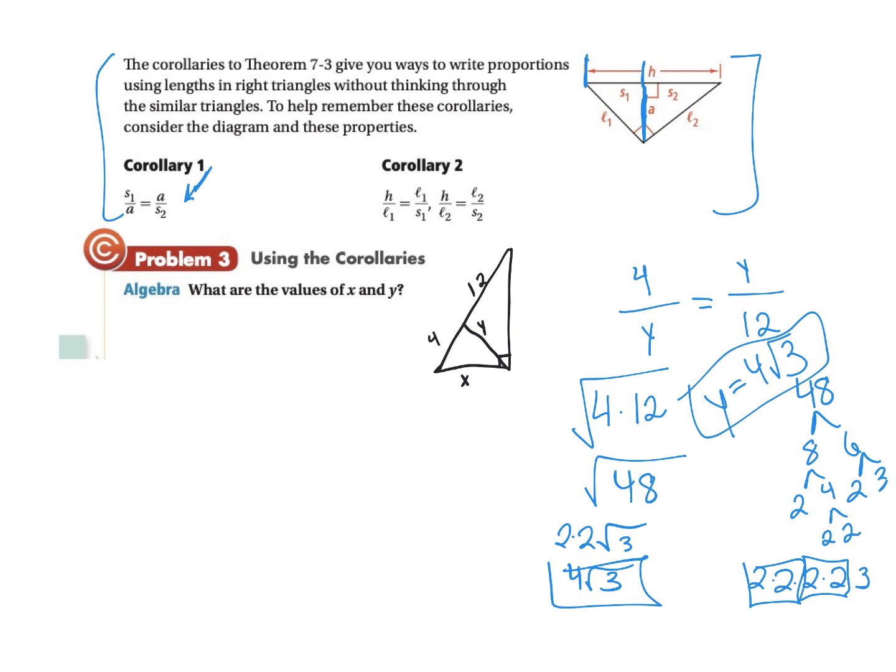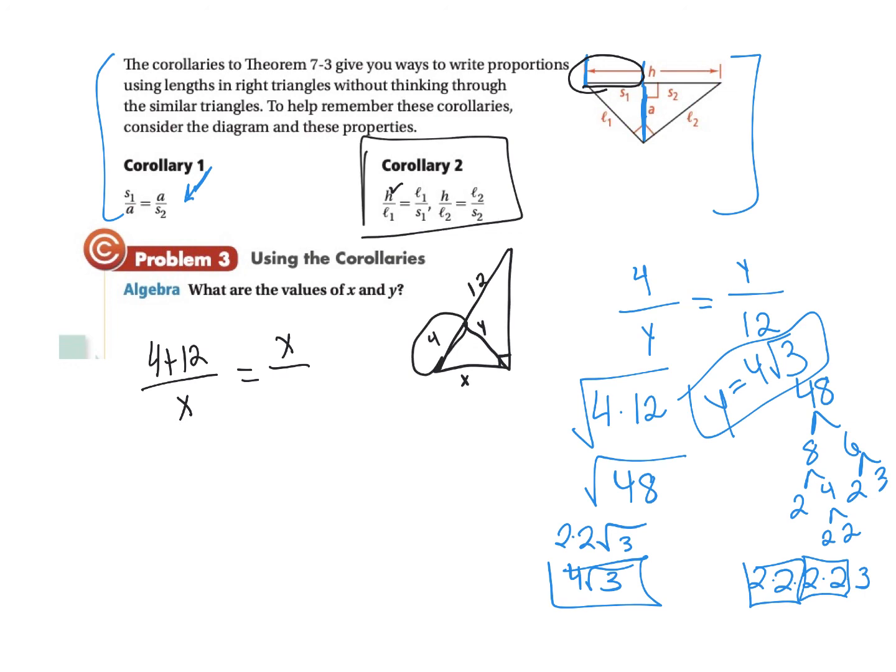So if I'm trying to find a leg, then I want to use corollary 2, okay? So I'm not looking for the hypotenuse, I'm looking for a leg. So first I need the full hypotenuse, so that would be 4 plus 12. That's where I'm getting this. And then leg 1 would be x, equal to leg 1 again, which is x, over S1, which they've shown me here is the smaller part of the hypotenuse, which would be 4.